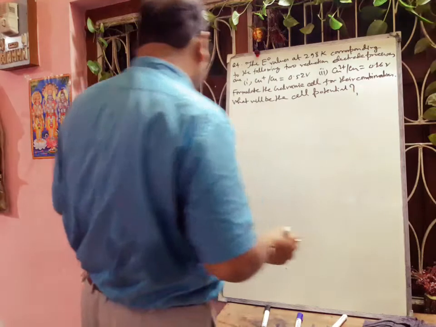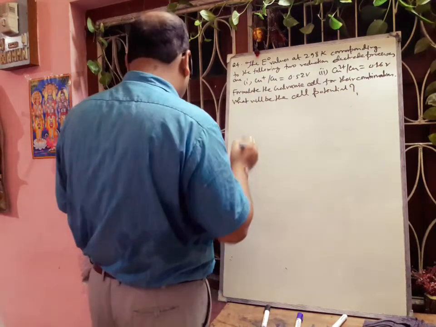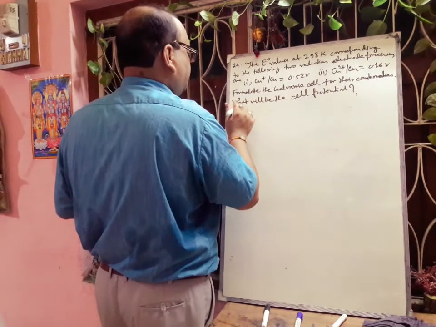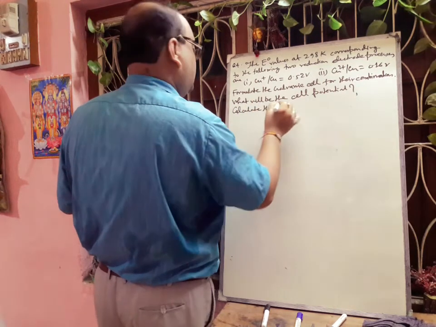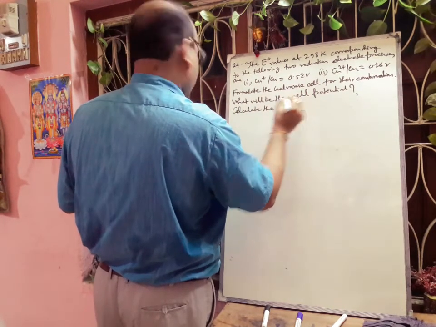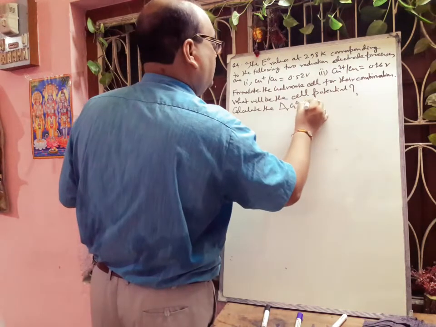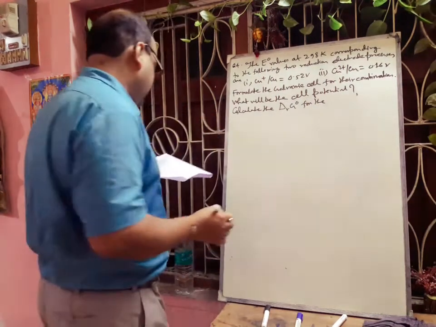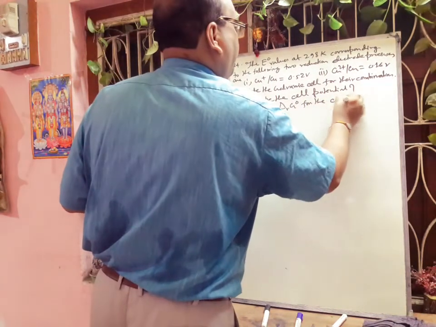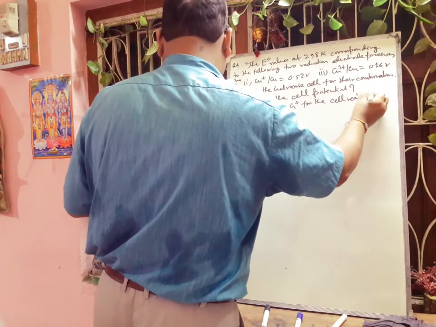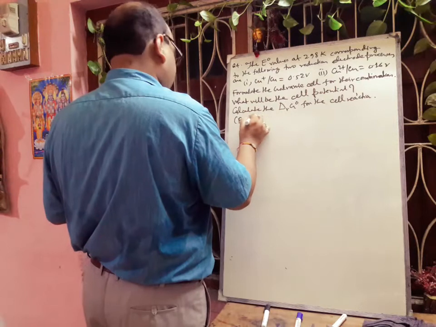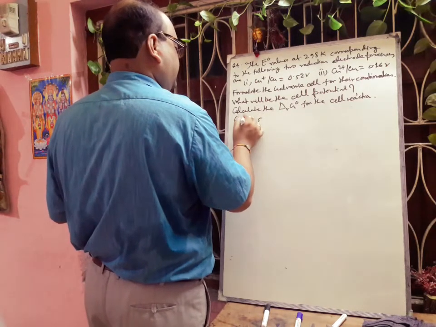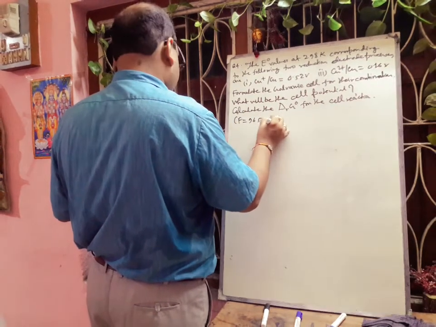This is one question. Another question is there: calculate the delta G0 for the cell reaction. Here it is given that F is equal to 96,500 coulomb per mole.